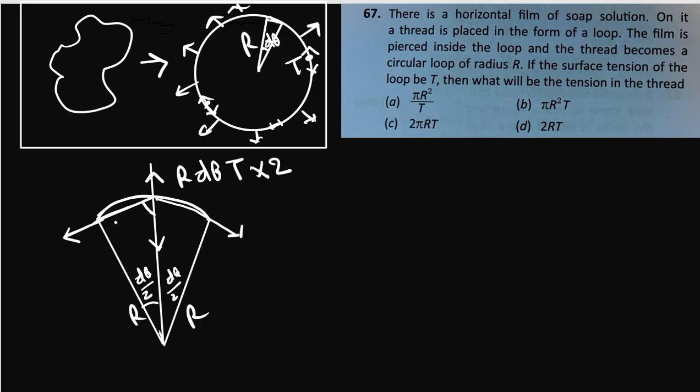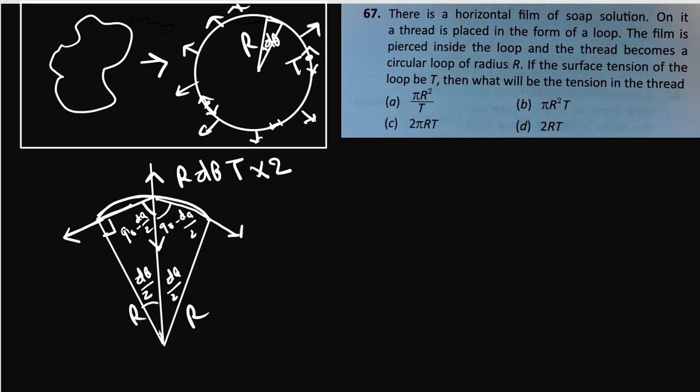So now this angle is going to be 90 degrees, and if this angle is d theta by 2, here this angle will become 90 minus d theta by 2. Similarly, this angle will also become 90 minus d theta by 2.